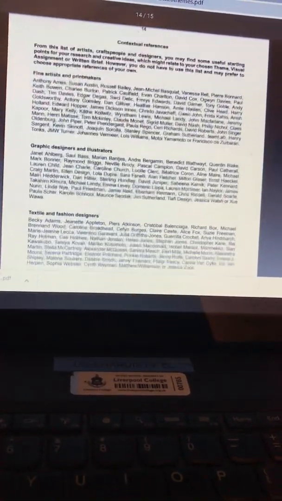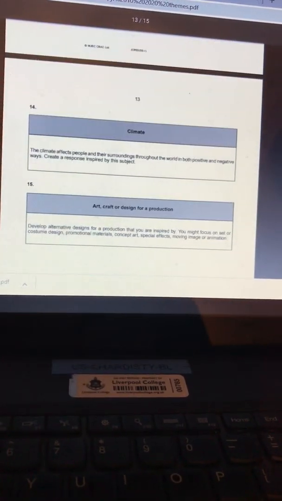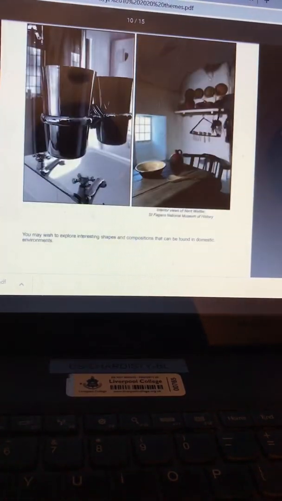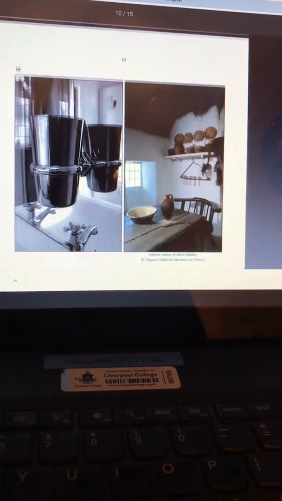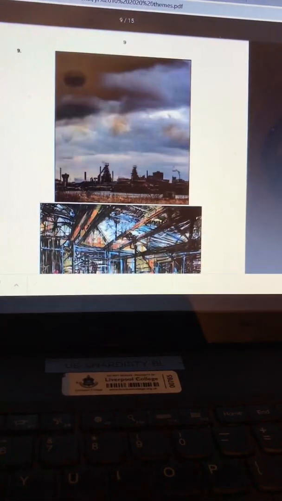So you've got your lists of artists by theme, which is quite interesting, and you've got your written briefs, and if you scroll up you then go on to your image briefs, picture briefs, if you want to call them that.